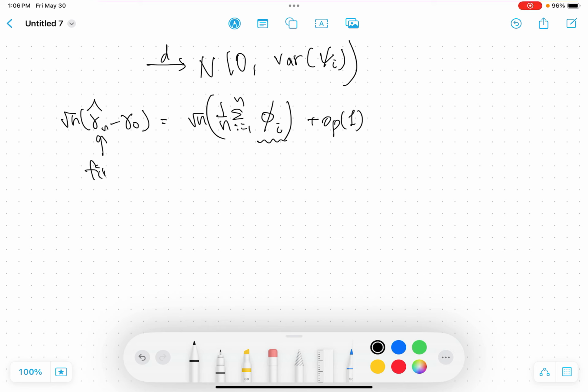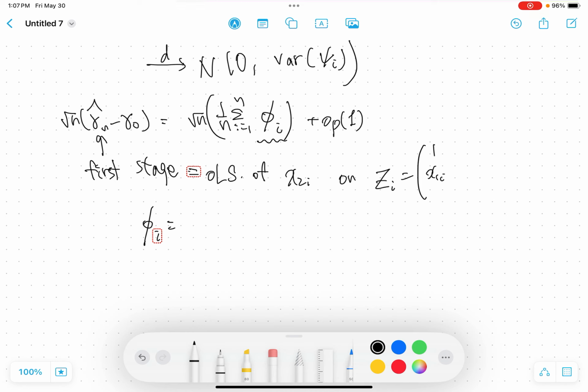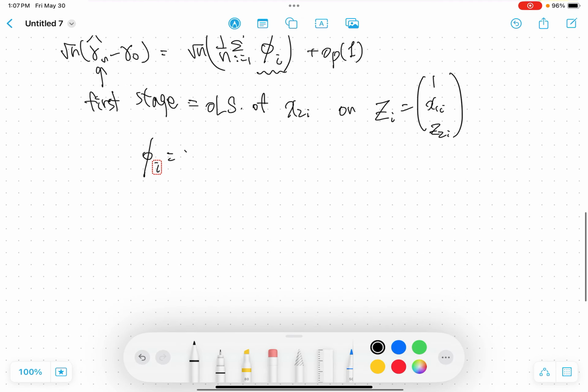This is the first stage estimator, and that is OLS. So it is well known. We know it is OLS of x2i on z. Z is 1, x1i and z2i. Okay, so then phi I, the influence function, looks like this, if you remember, right?